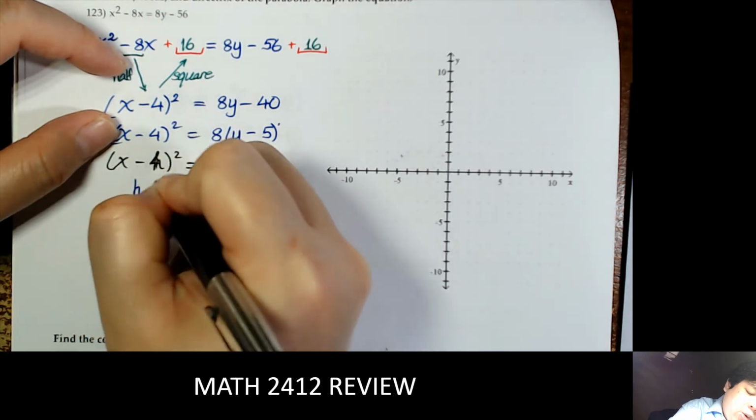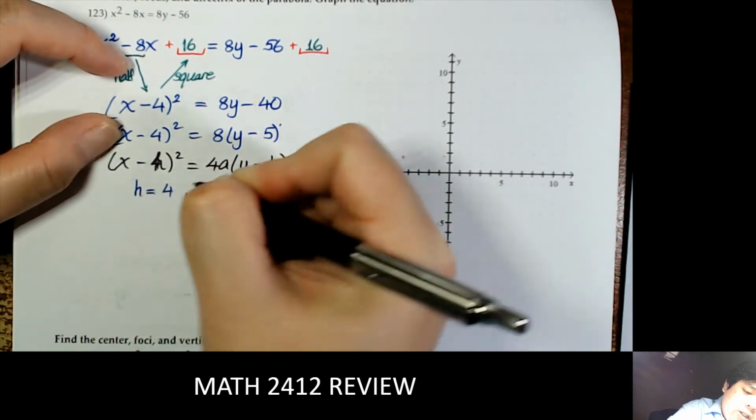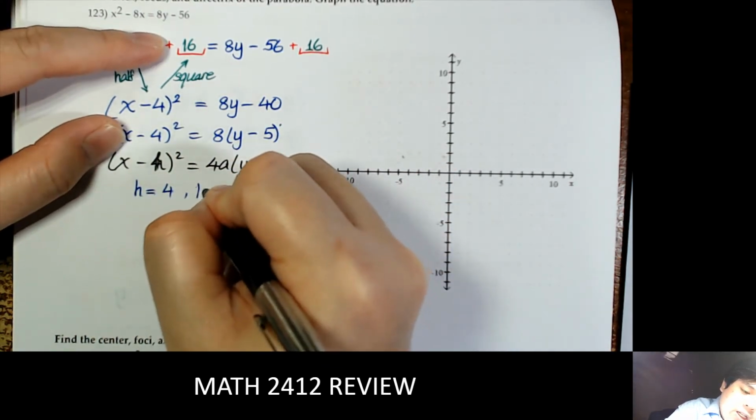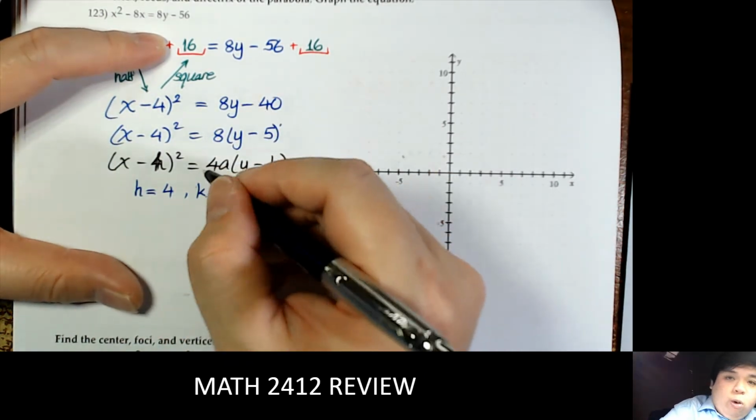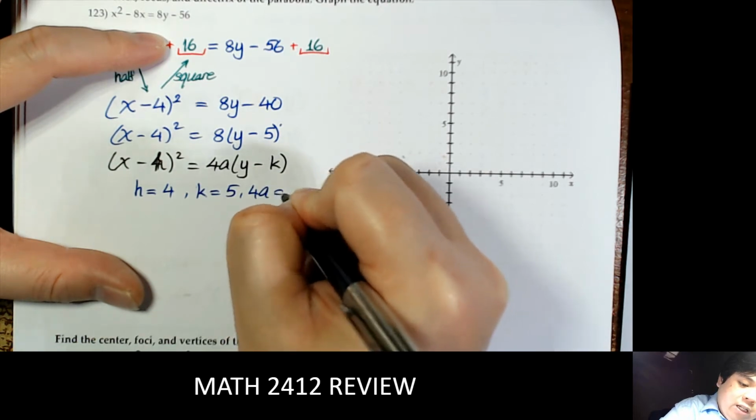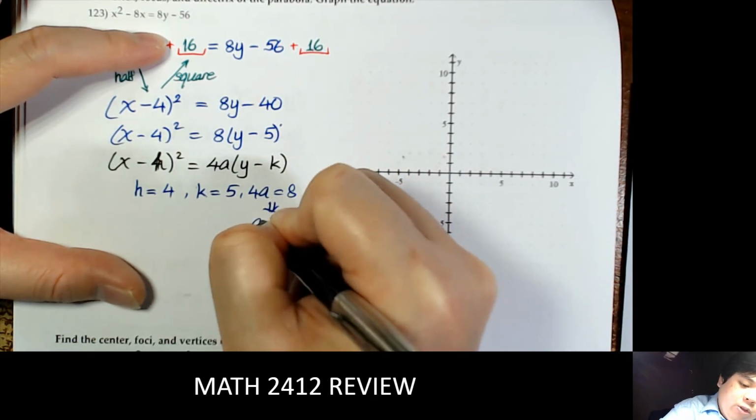h is going to be 4, k is 5, and 8 is equal to 4a. So 4a is 8, so a is 2.